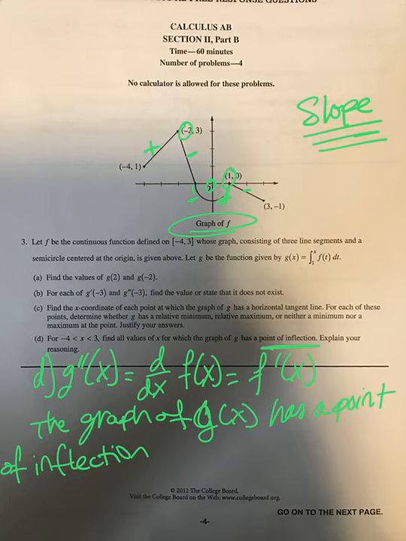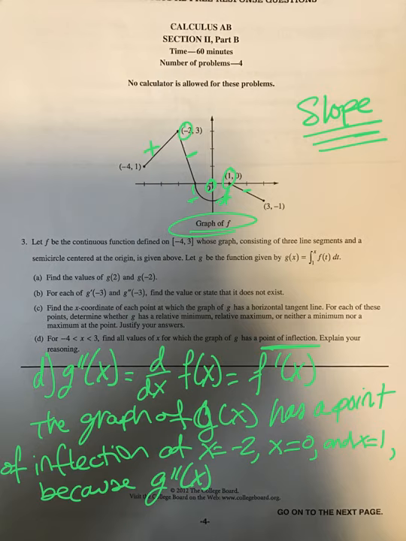So the graph of g of x has a point of inflection at x equals -2, x equals 0, and x equals 1, because how did we know those were points of inflection? Because the second derivative of g of x changes sign at those points. Again, one sentence, no pronouns, short, sweet, to the point, precise, and concise. There you go.